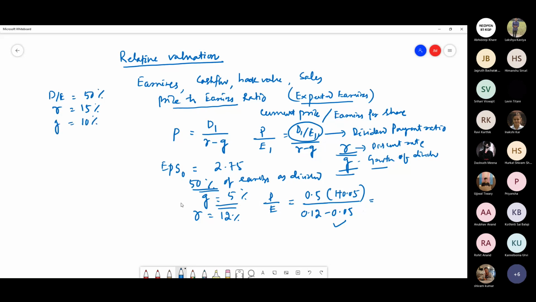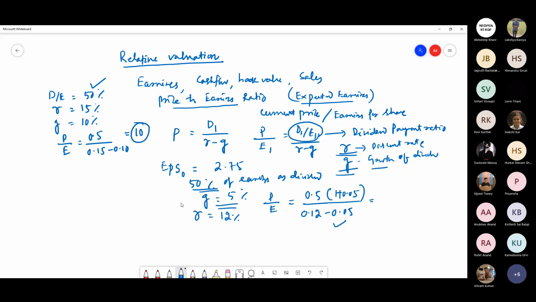Since the expected dividend payout ratio is given, you can directly calculate your P by E is equal to 0.5 divided by 0.15 minus 0.10. That will give you 10.